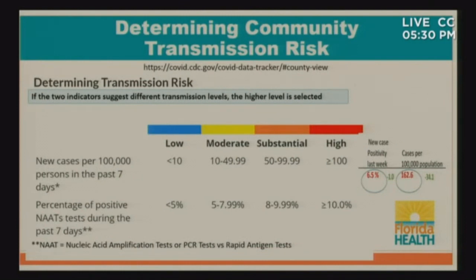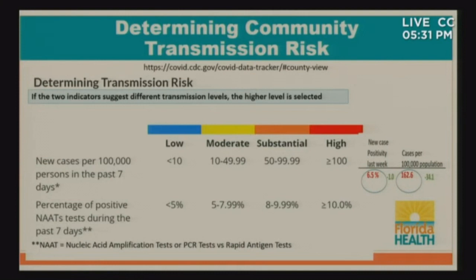If you see to the right where I have the new case positivity for last week, it's at 6.5, and 6.5 falls between 5 and 7.9. So we would be moderate in terms of positivity, but for our cases per 100,000, we're at 162, and that dropped by 34 points from the previous 7 days.